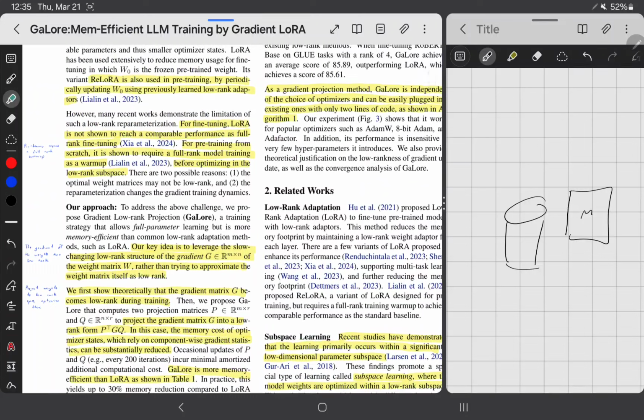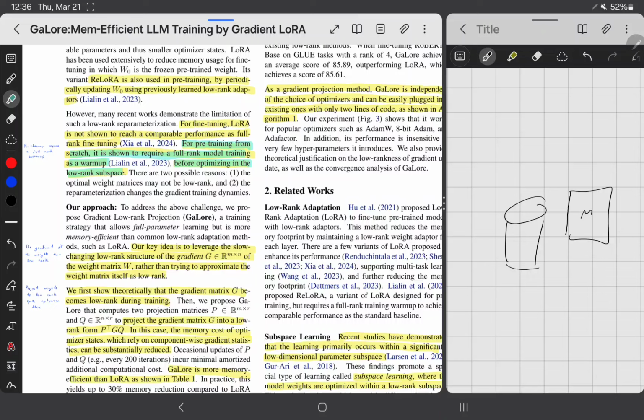So let me find that. Right here, for pre-training from scratch, it is shown to require full rank model training as a warm-up before optimizing in the low rank subspace. So you need full rank weight matrices, and you just need them for warm-up.